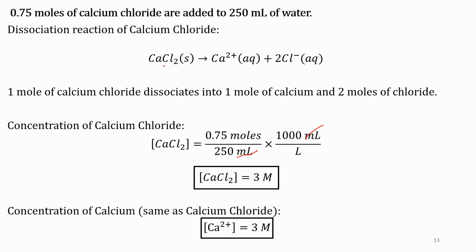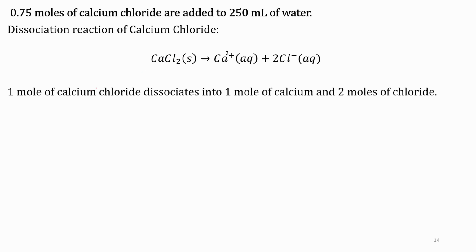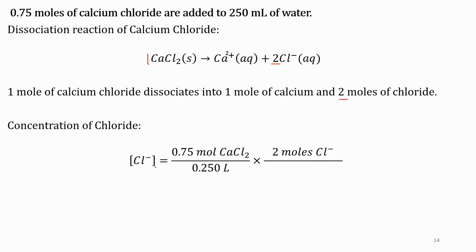We have the concentration of calcium chloride and calcium ion. Now we need the concentration of chloride ion. So notice that this equation says that 1 mole of calcium chloride dissociates into 1 mole of calcium, but 2 moles of chloride. So we're going to have to do some conversions. The concentration of chloride in the solution is given by the 0.75 moles of calcium chloride divided by the 250 milliliters of water, which we just saw was equivalent to 0.25 liters.